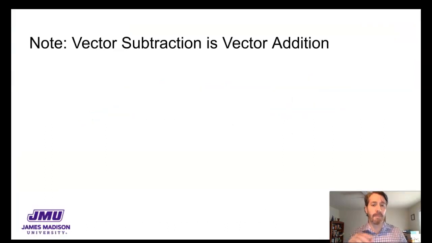I'd like to point something out about vector subtraction. I don't foresee doing a lot of vector subtraction, but when it comes up, I want to point out that subtraction is addition.